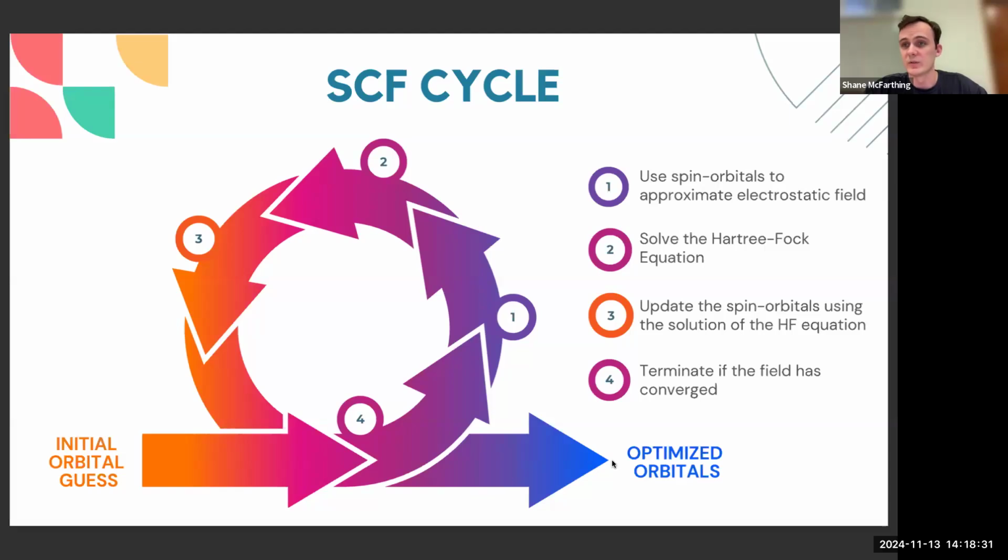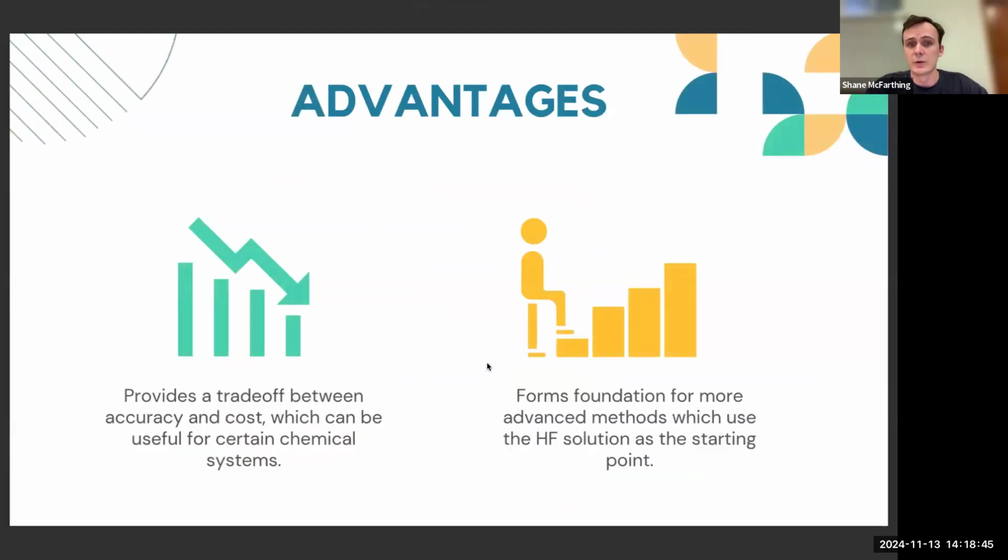That optimized set of orbitals minimizes the energy of the Hartree-Fock equation. And we would just repeat this process iteratively until we reach that convergence that outputs the orbitals that minimize the energy.